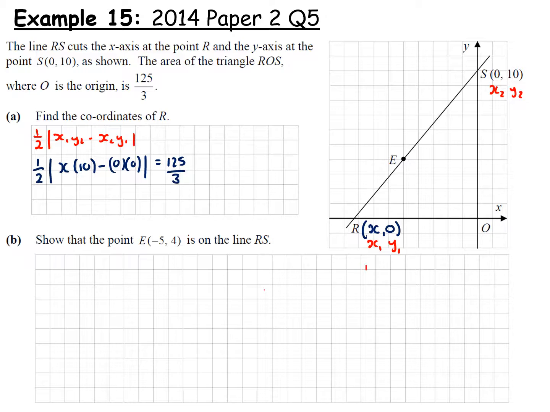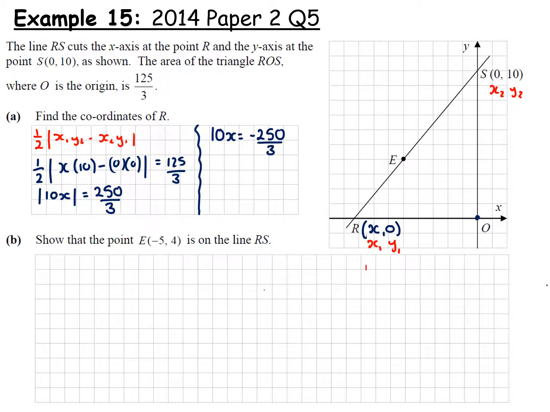And now we'll work through it. So we get the absolute value of 10x is equal to 250 over 3. Now, I know my x is actually going to be negative, so what we can do is say 10x is actually going to be equal to negative 250 over 3, because x, look where it is on the x-axis.